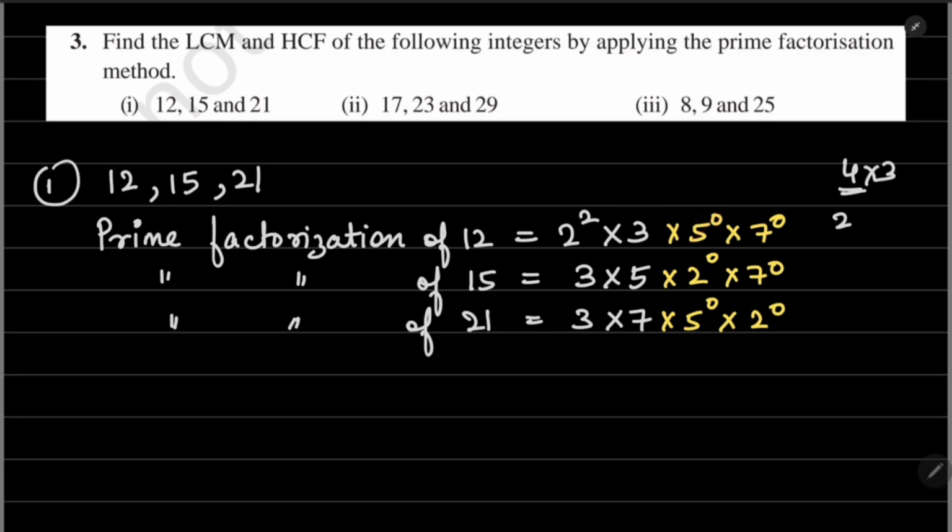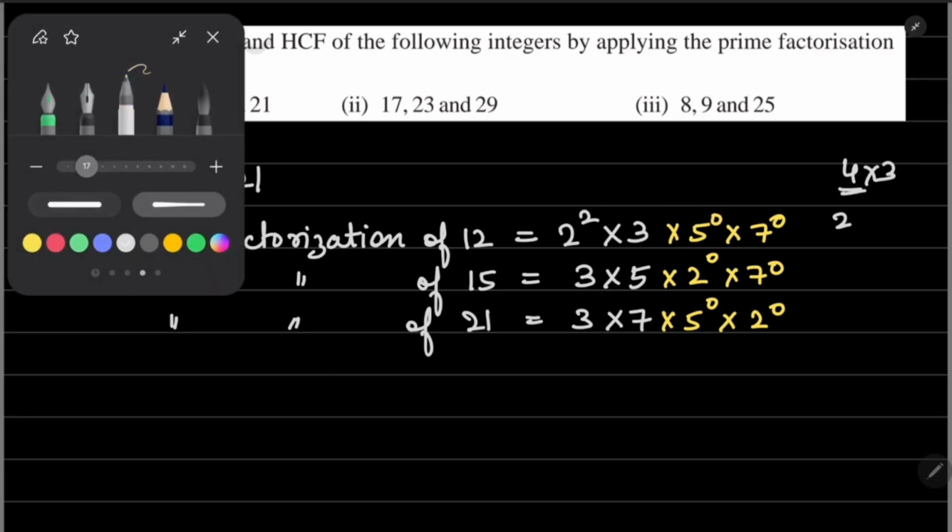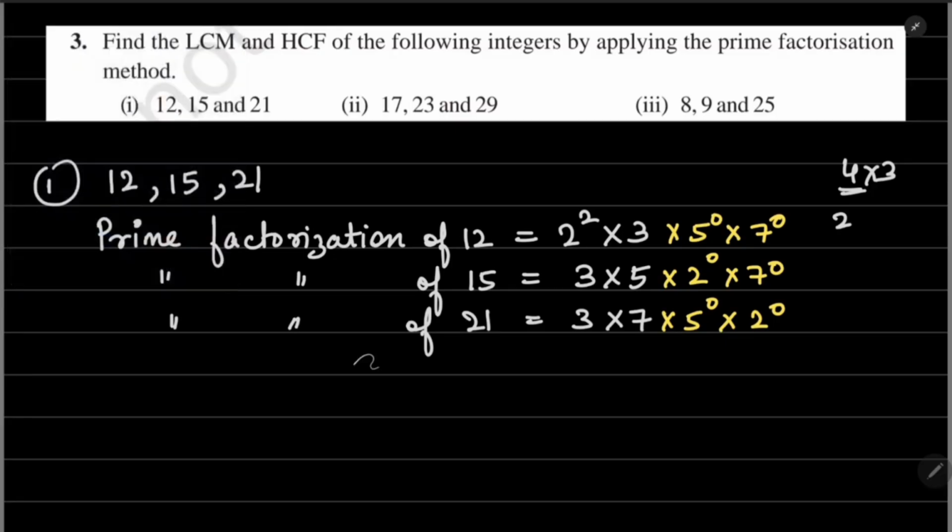Now let us do the LCM. For the LCM, you have to take the highest power. For 2, the highest power is 2 square. For 3, look at everywhere: it's 3 raised to the power 1.